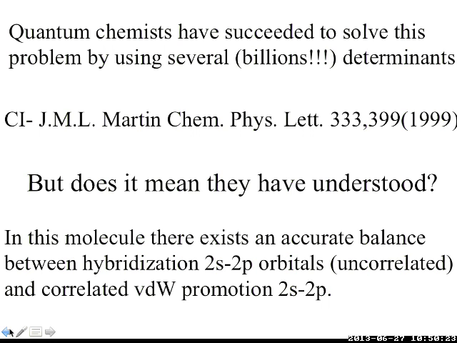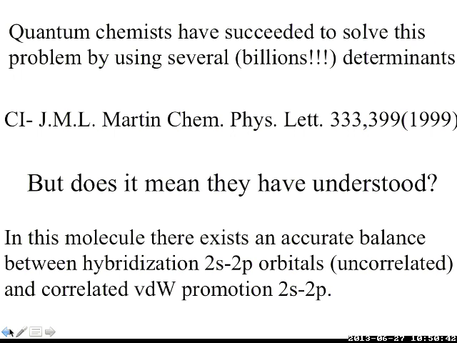Instead, in our approach, at least if we find a mean field solution that works together with the Jastrow, we can understand what is the clue. With a billion determinants, okay, you reproduce the experiment, but you don't understand what is going on.